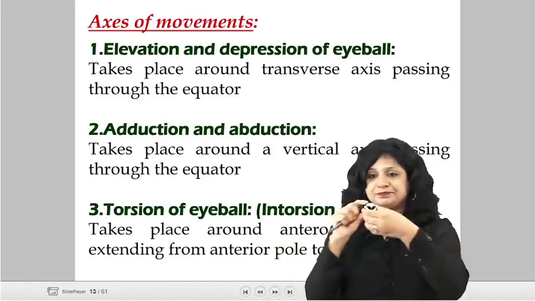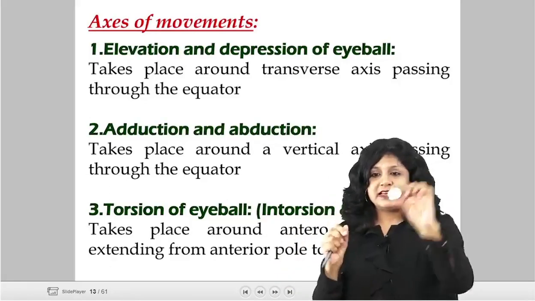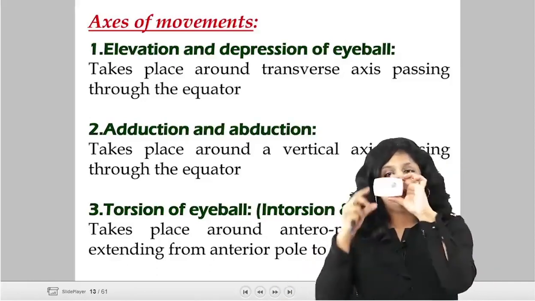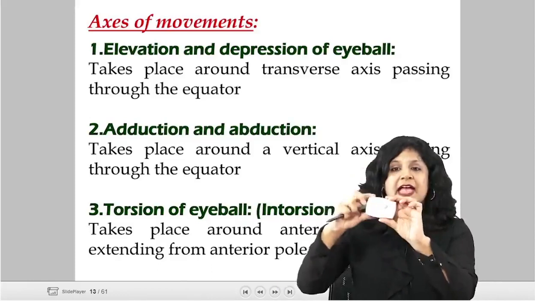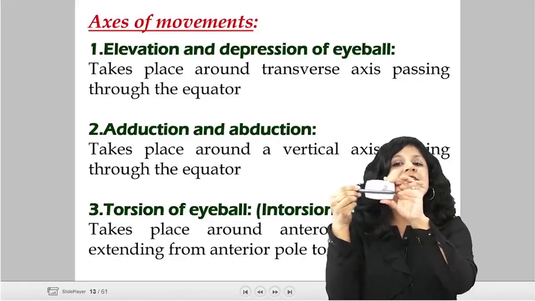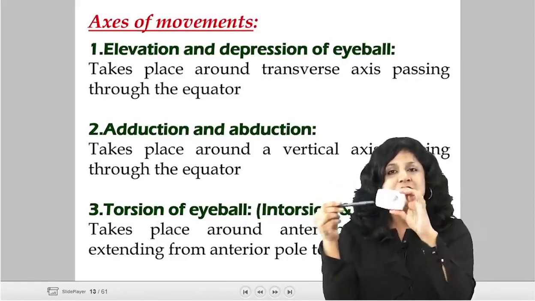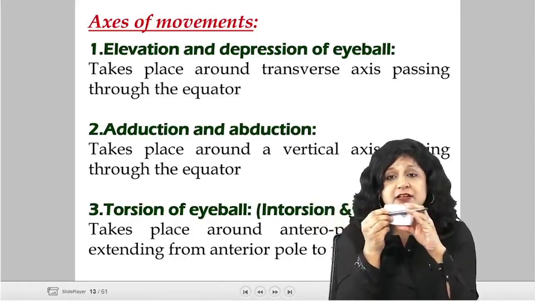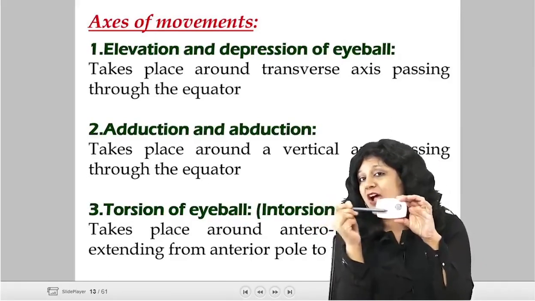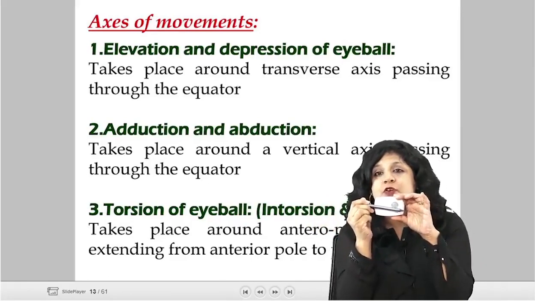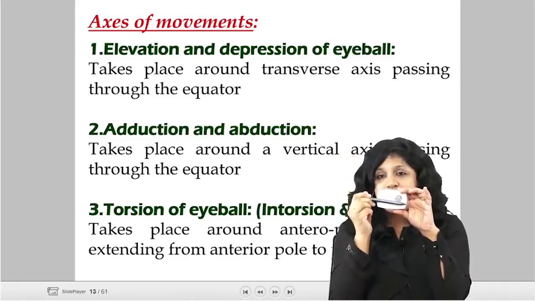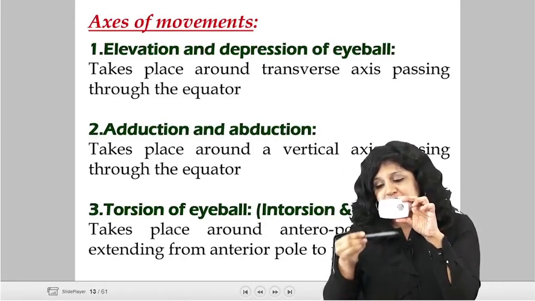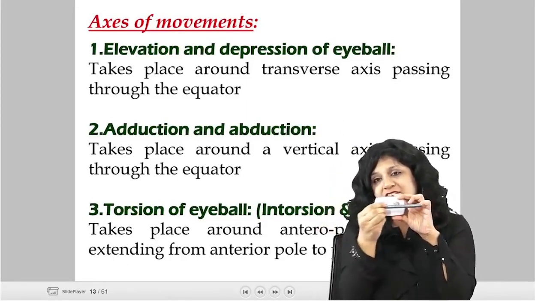Suppose this is your eyeball, something like this, and we are talking about this transverse axis. If the movements have to take place around this transverse axis, either it will go up or it will go down. So basically elevation and depression take place around the transverse axis.